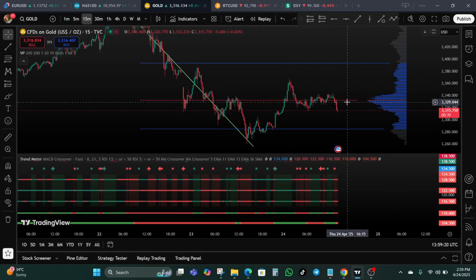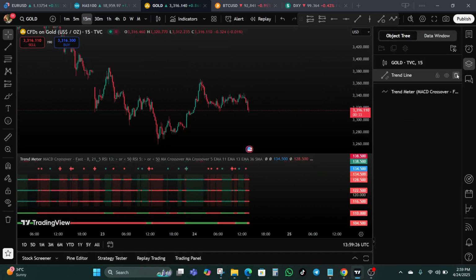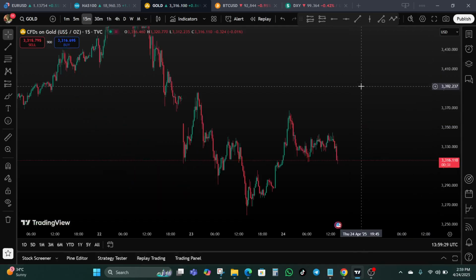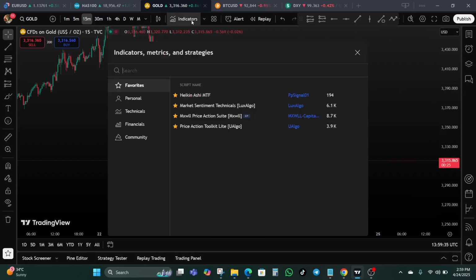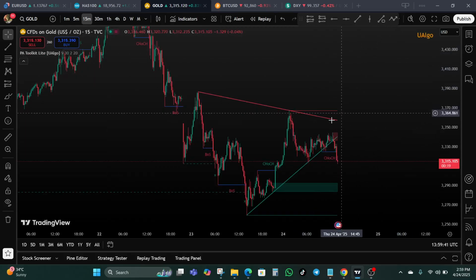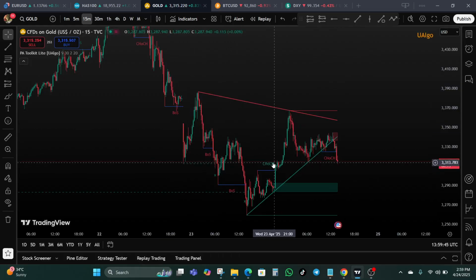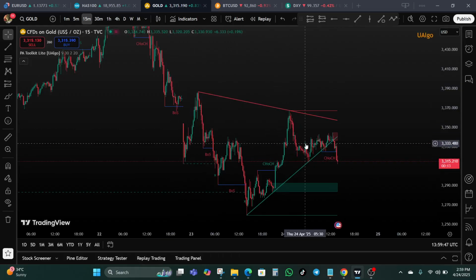Now, lastly, it's important not to neglect indicators that are strictly based on price action, such as the BOS or CHOCH visual tool. I'm going to be looking at the price action toolkit light. This is a unique indicator that helps you identify BOS and CHOCH zones on the chart.